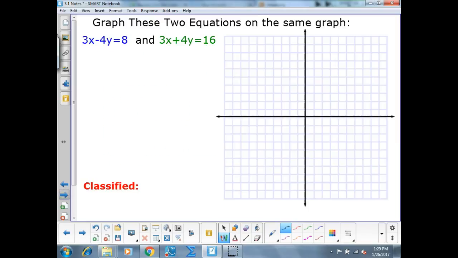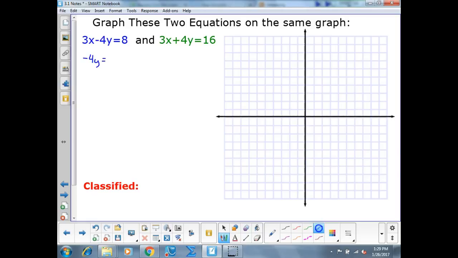So, let's do this. Graph these 2 equations on the same graph, and then let's find the solution, and then let's classify them. Woo! All right, so first, on both of these, I've got to solve for y.